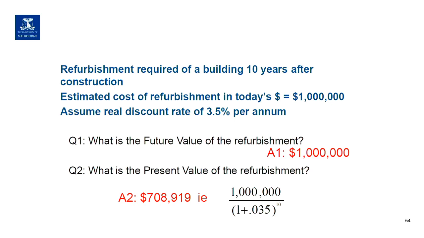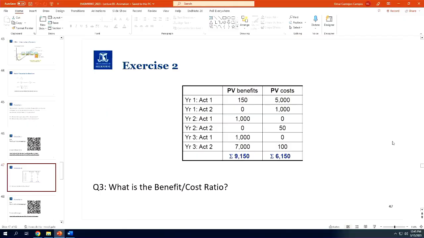So here we have year 1, activity 1, year 1, activity 2, and we have 3 years. And we have the sum of the present value benefits. So here they are already estimated as present value benefits and present value cost. So can you tell me what is the benefit cost ratio?